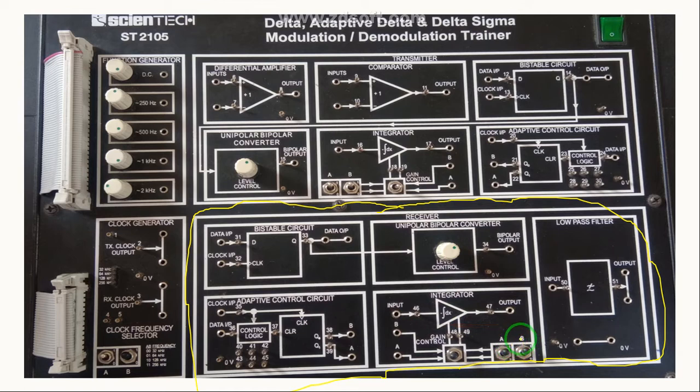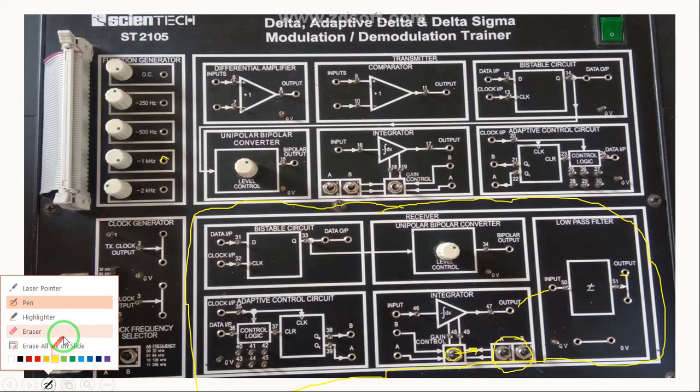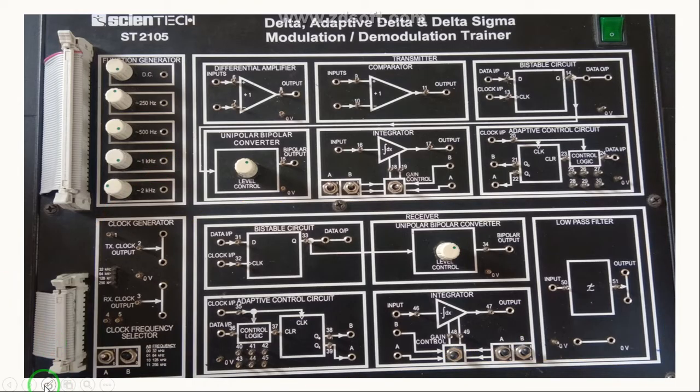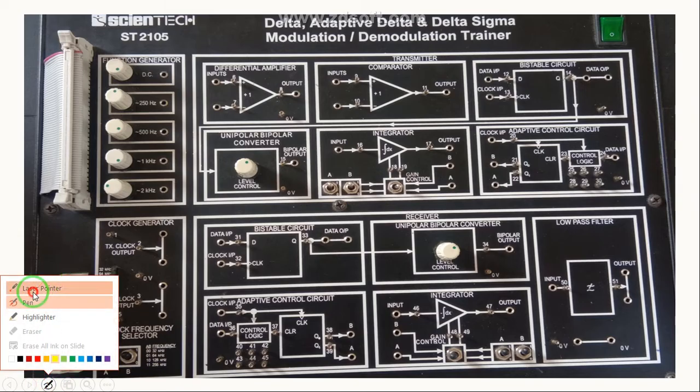Again, at the receiver, we have this adjustable gain for delta modulation, and for delta modulation this switch position should be moved towards the right hand side. The output of the integrator is given to this 4th order Butterworth low pass filter, and at the output we get the input signal that we transmitted. So now, guys, one by one, we are going to see how we have done the connection.